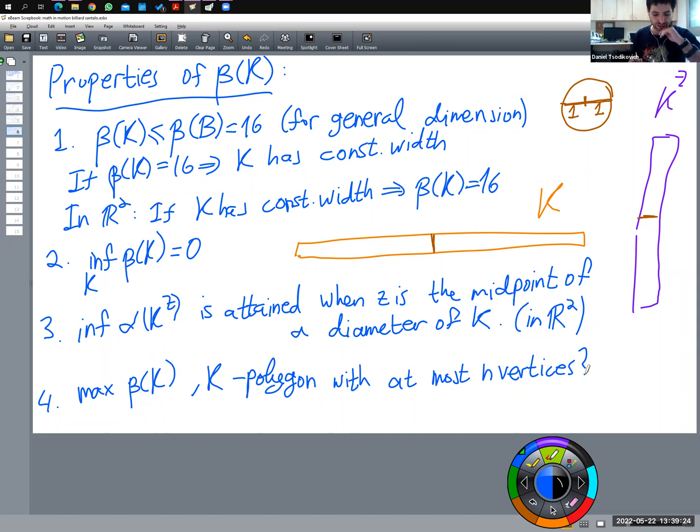In our case, I don't know what the maximizers are, but I know that regular polygons with an even number of vertices are not them. So for example, a square is not the maximizer among quadrilaterals. I do know that the regular triangle is the maximizer among triangles, but for polygons with an even number of vertices this will not be true, and we'll explain it. Okay, so these are the properties of the billiard product that we'll show. Now we'll begin discussing why some of these are true.